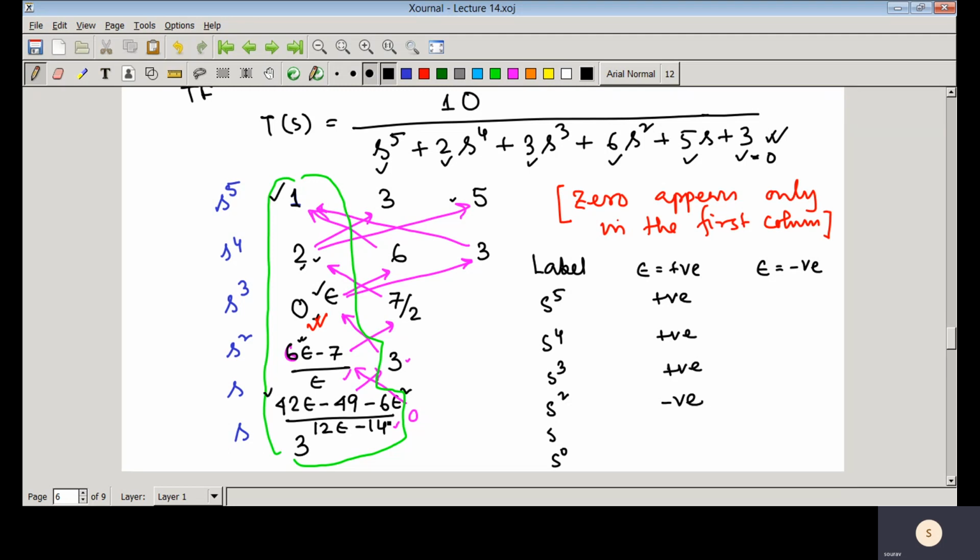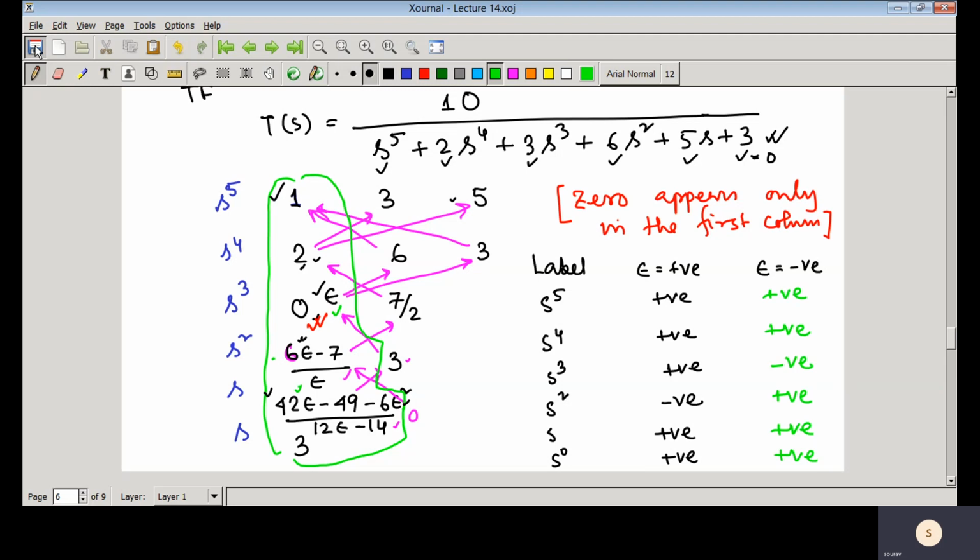Here this term is almost 0 and positive, and here it is positive. Whenever we take epsilon negative, the first is positive, the second is also positive, but here it is negative, and then the next is positive, and this is positive.